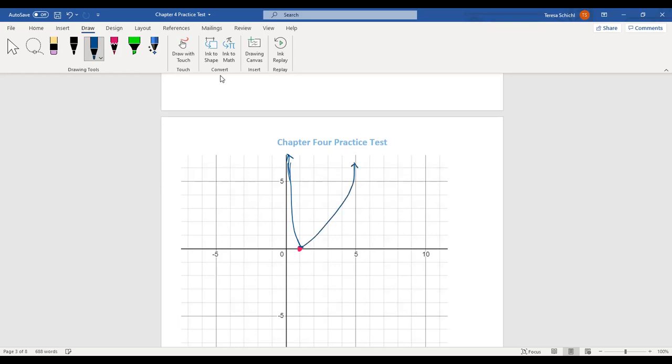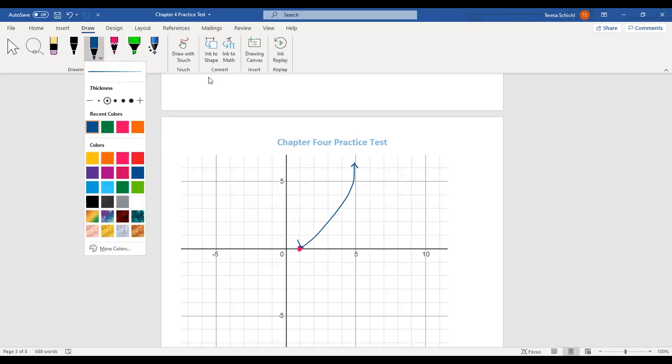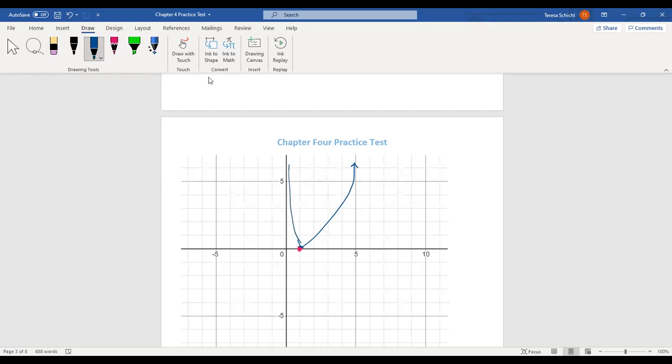This one doesn't approach this axis; it continues going like this. So this will be our function.